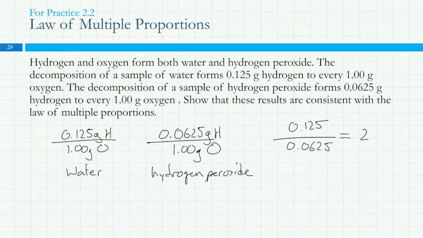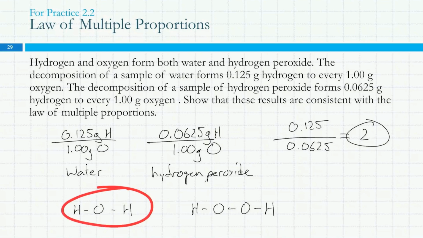Okay. So it is consistent. And if I draw out water, actually I'll draw it out this way, and hydrogen peroxide, so the ratio here, we've got 2 hydrogens per every 1 oxygen compared to hydrogen peroxide, where it's only 1 hydrogen per every oxygen.